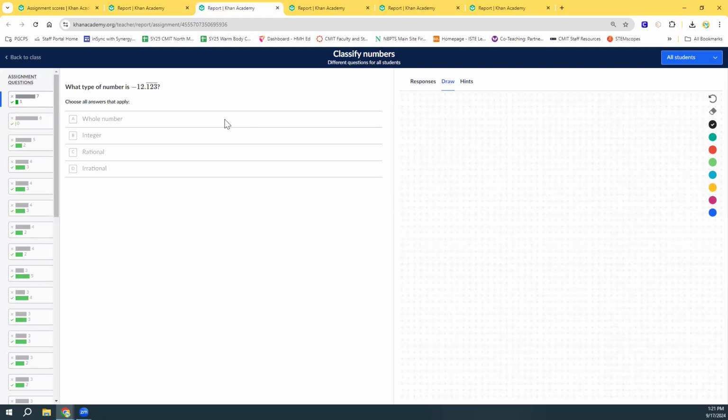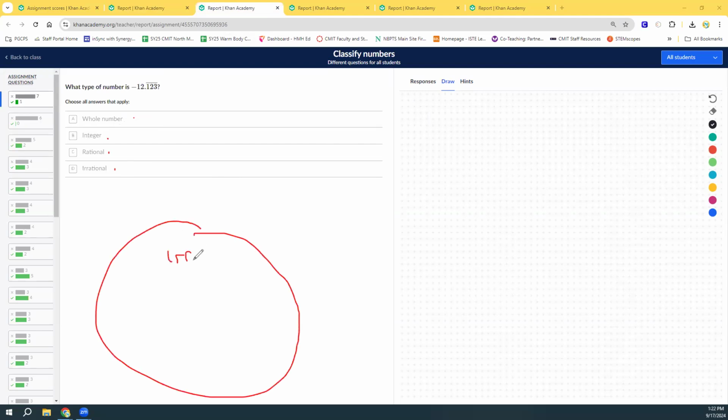Okay, let's move on. This one, we're moving on, but not completely because we're just adding categories. So we have rational, irrational, but then we also need to talk about integers and whole numbers. So let's get our circles here. So we got irrational. Nice thing about irrational is that's everything in the circle.